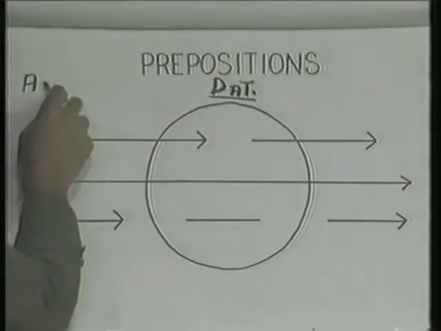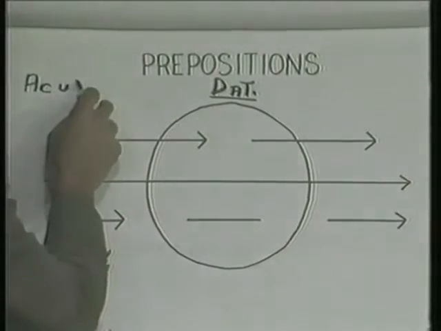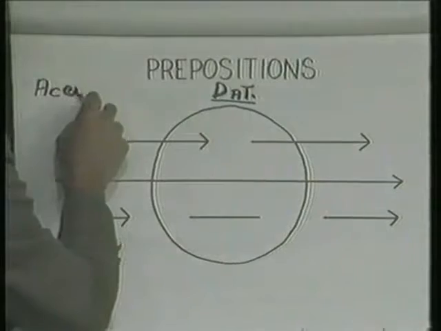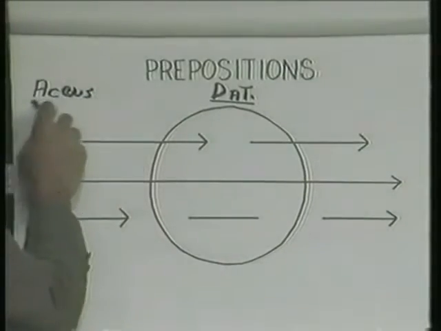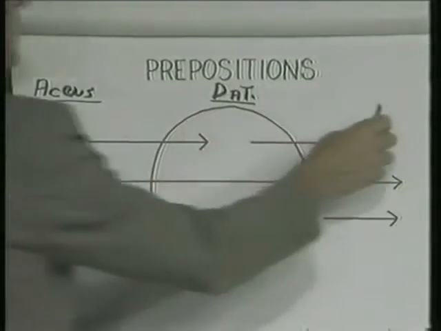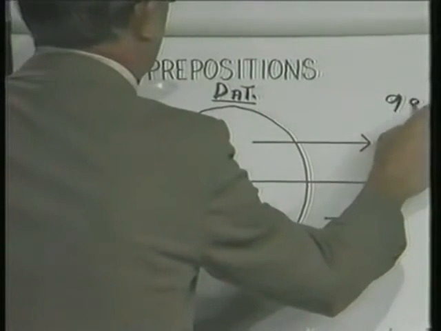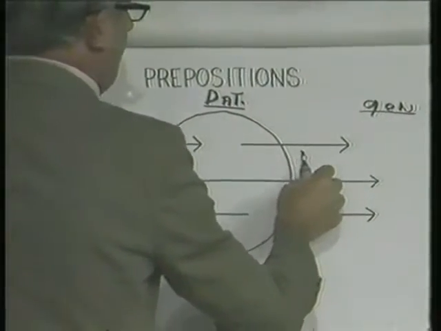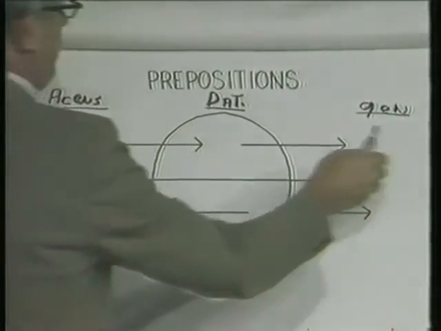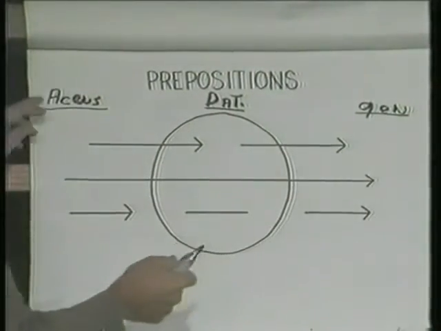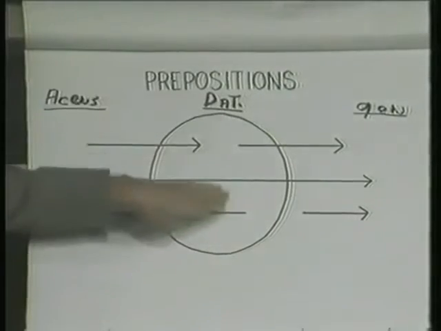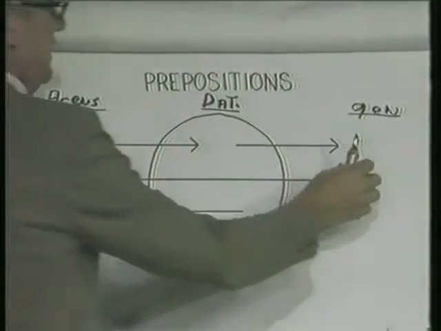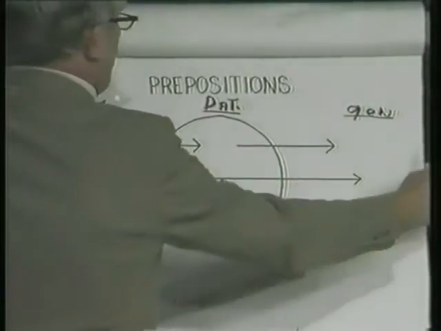Accusative is the case of motion toward, and the genitive is the case of going from, so the case of separation. So the accusative, motion toward; the dative, rest in a place; and the genitive is the case of separation.